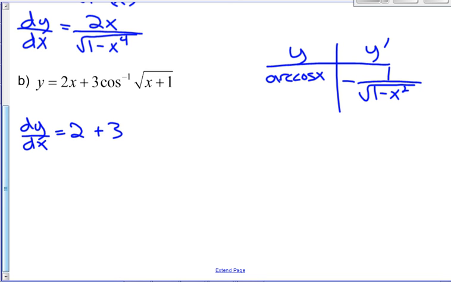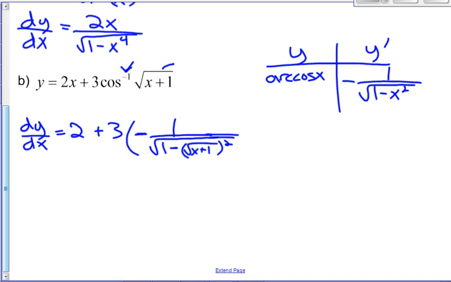And here I'm going to have chain rule happening. The first thing I have to deal with is my arc cos, which turns into negative 1 over the square root of 1 minus. Okay, if it had just been x, it would be x squared. Here it's root x plus 1, so it'll be root x plus 1 squared. Okay, that deals with the inverse cos.